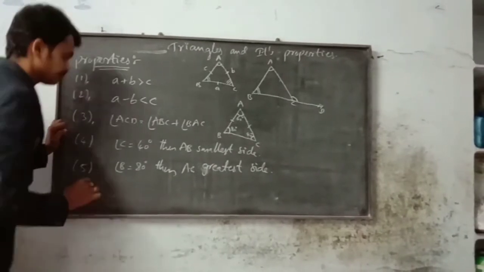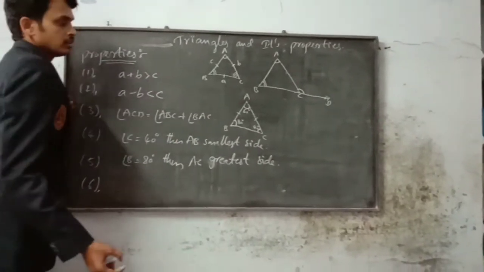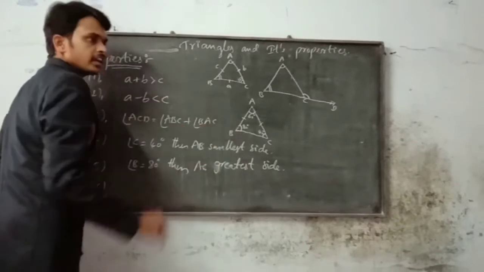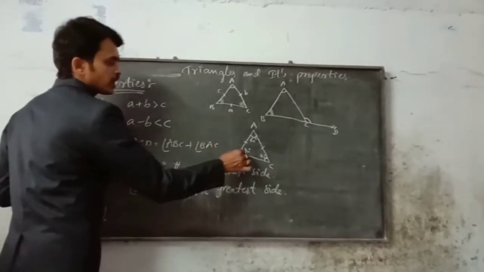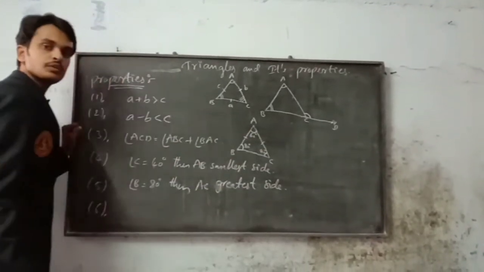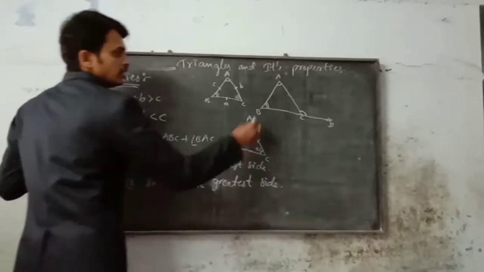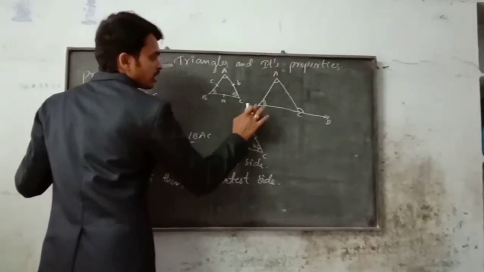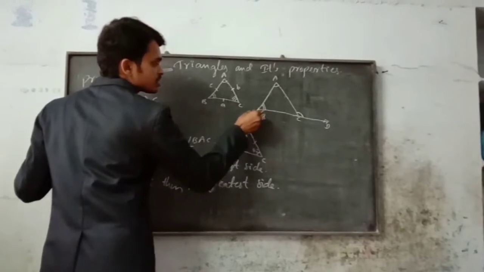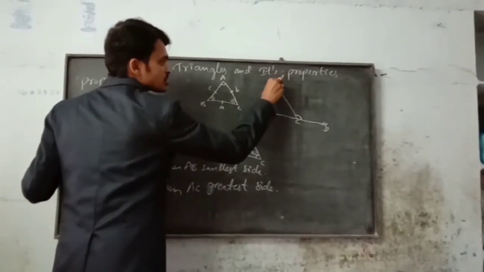And the sixth one: in a triangle, the sum of three interior angles is equal to 180 degrees, and the sum of three exterior angles is equal to 360 degrees.